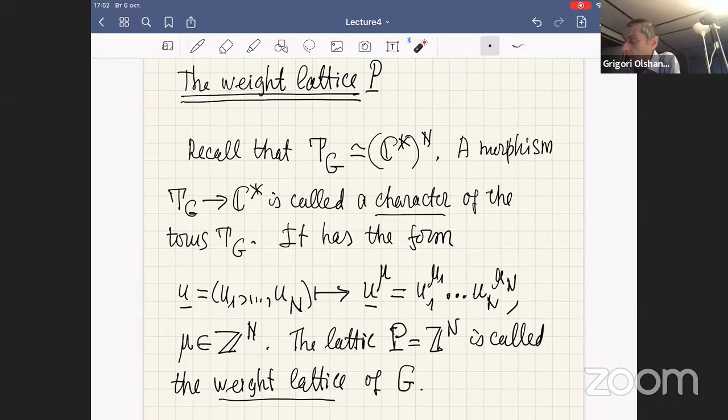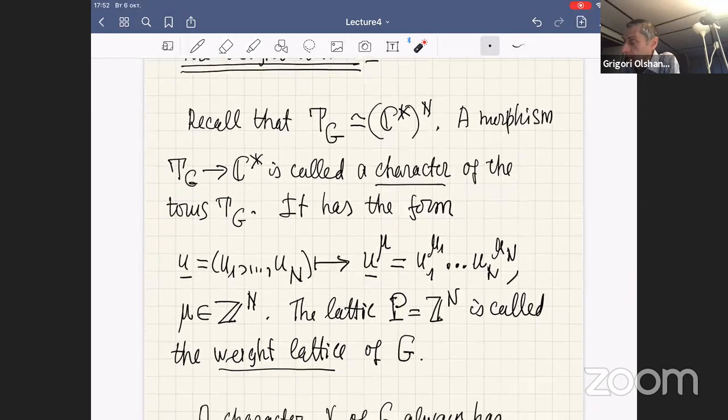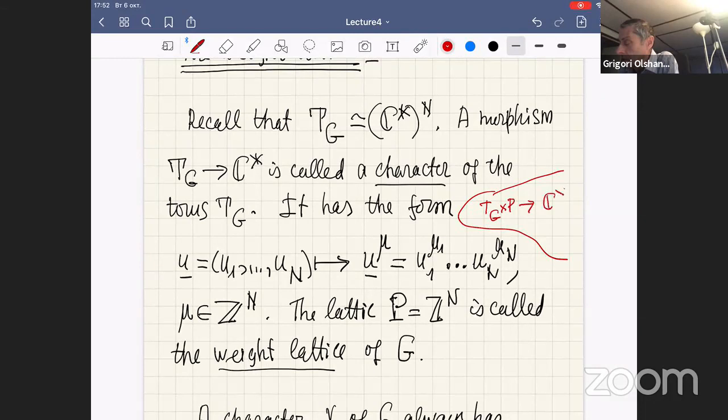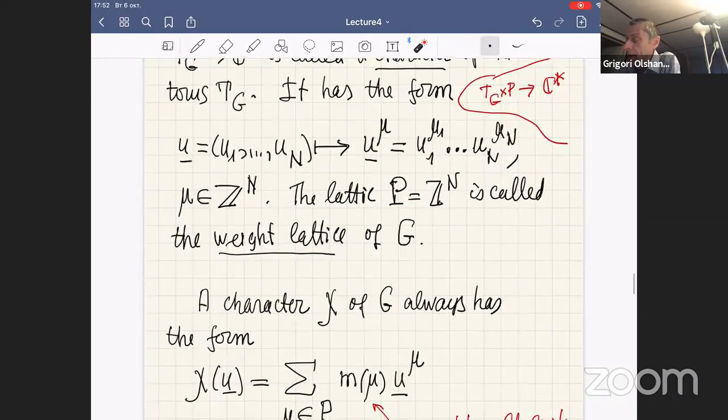There is a natural pairing between this group and this group, which is expressed by this formula: given one element and the other element, we assign to it a number. This is a pairing between two objects, and this is by definition the weight lattice.